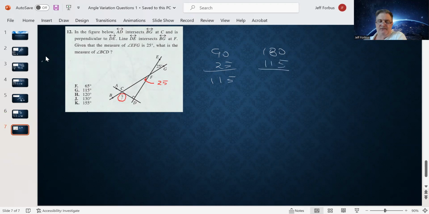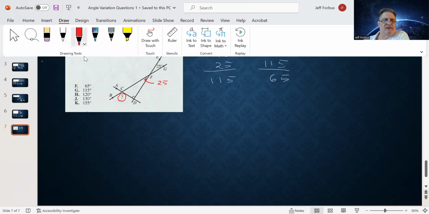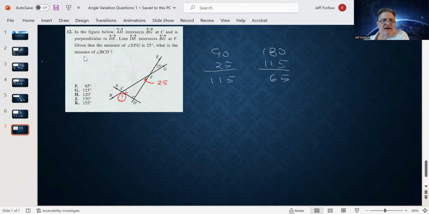And when you do that, you get 65. So inside the interior angle of the triangle C is 65. Okay. So we end up having 65 inside here. Let me change my pen tip color. So this is going to be 65.